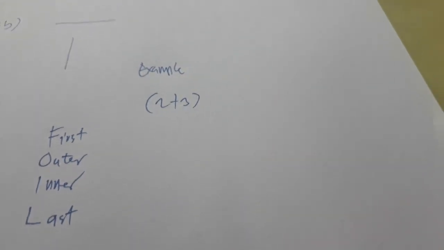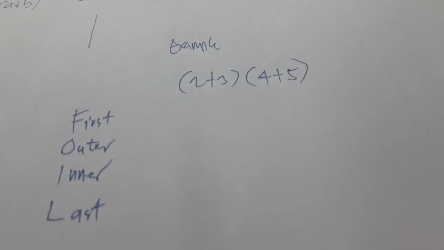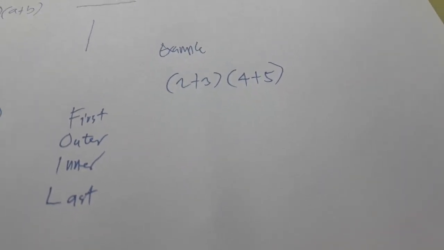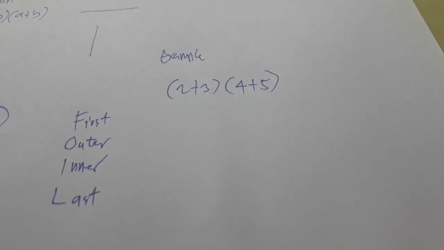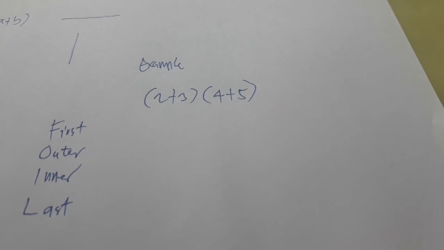Example, in numbers, I have 2 plus 3 as my first quantity, times a second quantity, perhaps 4 plus 5. So we are going to multiply quantity 2 plus 3 times quantity 4 plus 5.